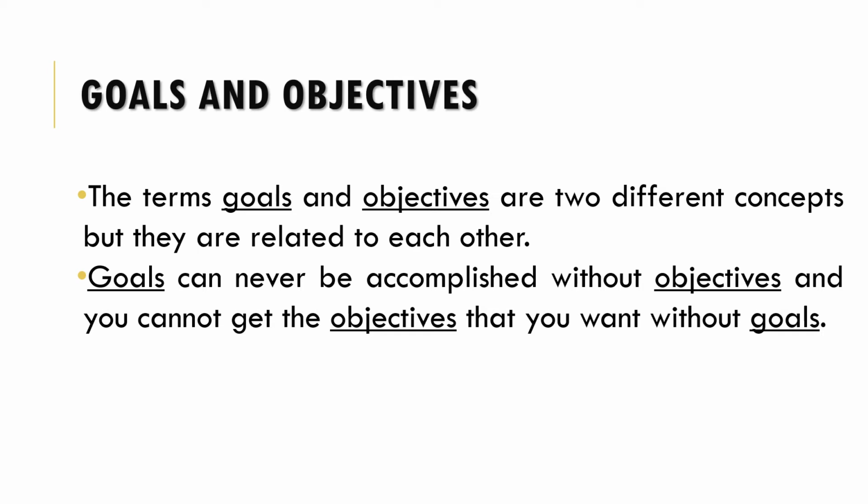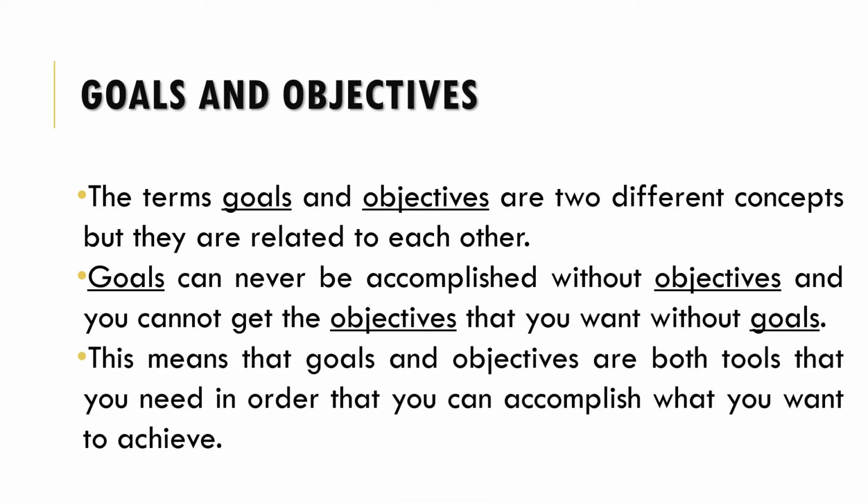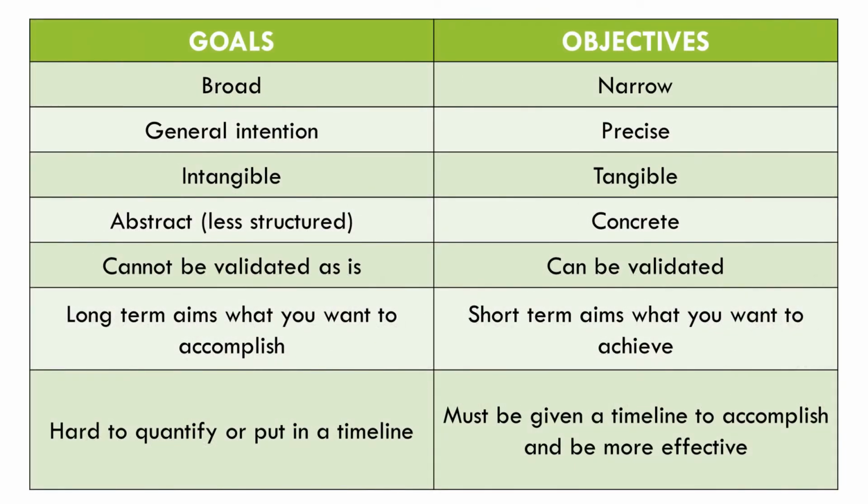This means that goals and objectives are both tools that you need in order to accomplish what you want to achieve. Now let's look at a table highlighting the differences between the two terms.